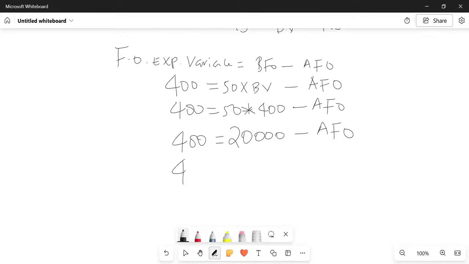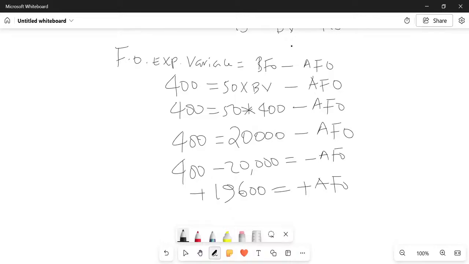So meaning that this will be 400 minus 20,000 equals minus AFO. So this will be minus 19,600 equals minus AFO. So minus and minus cancels out, meaning that the actual fixed overheads will be 19 what here somebody?